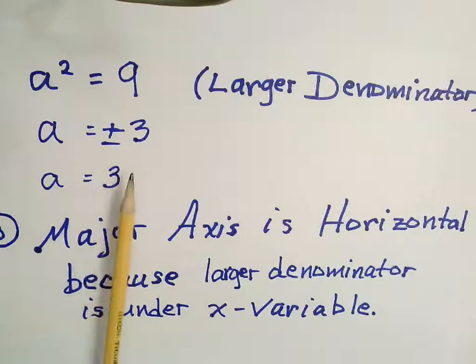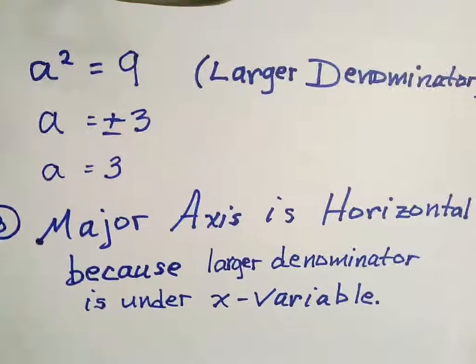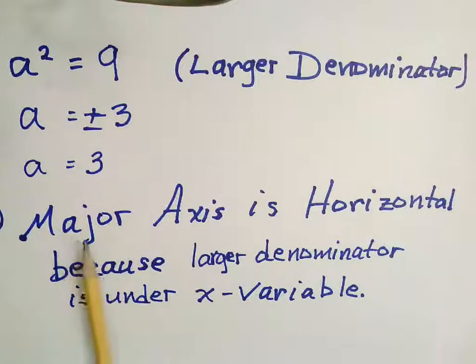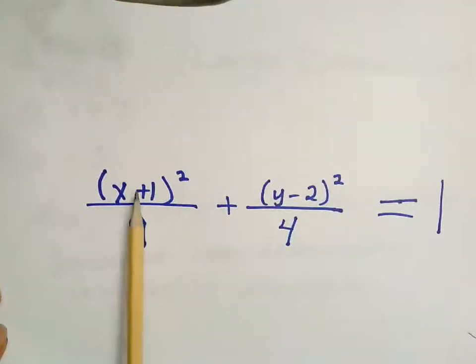The plus or minus means you're going to go in either direction: so many units to the left and so many units to the right, or so many units up or down from the center. And since the larger denominator is under the x variable, the major axis is horizontal.